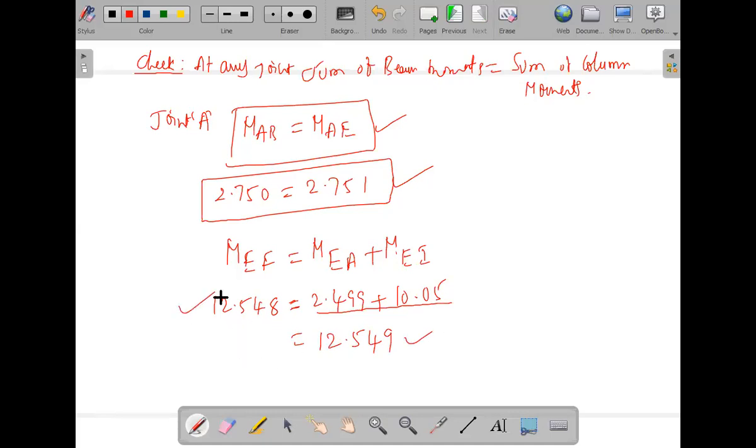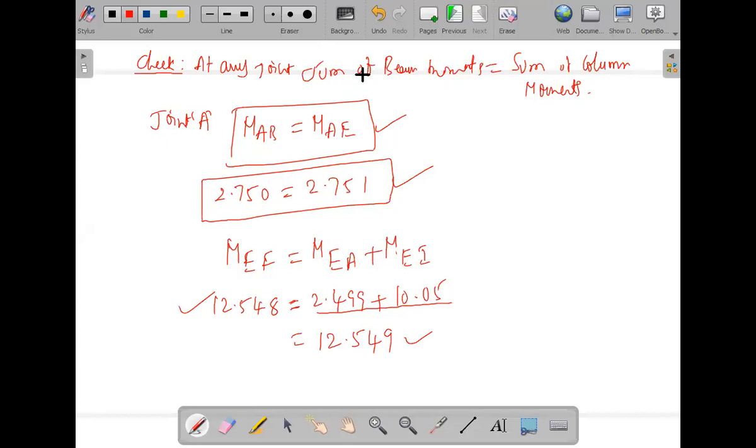So our calculation is correct. Like that, you can take any joint and cross-check whether the calculation you have done is correct or wrong. So with this, this method is closed.